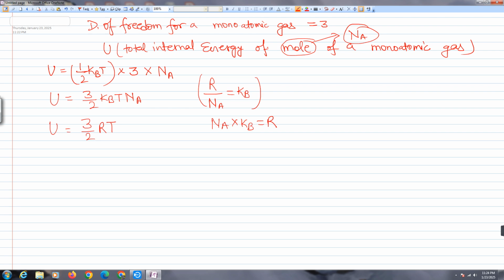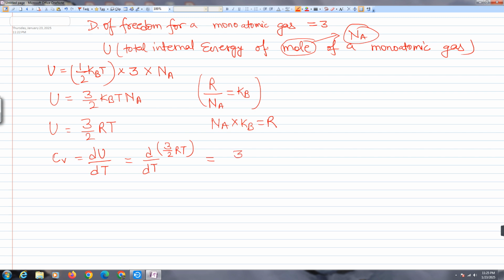So from here we can find the value of Cv. We know that the formula for Cv is dU upon dT. So we can write it like this: first order derivative of U with respect to T, and the value of U is 3/2 RT for a monoatomic gas whose molecule is moving in space.